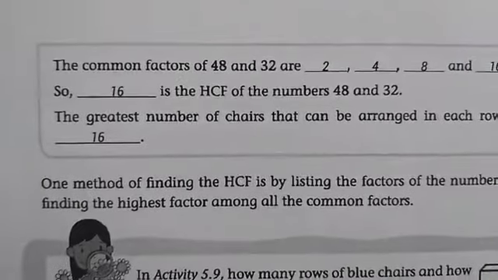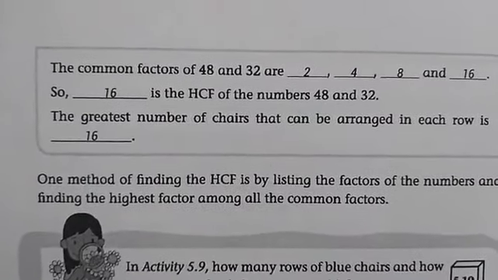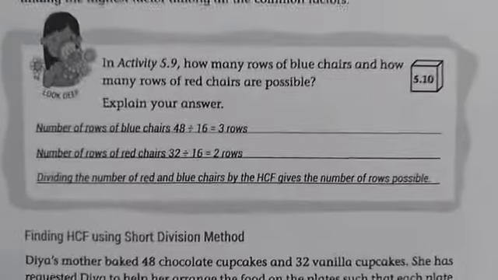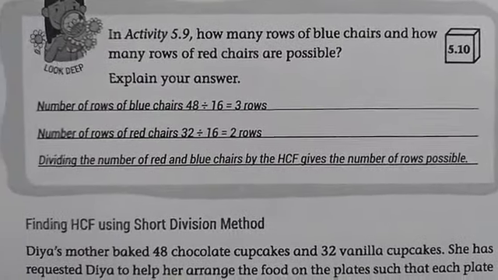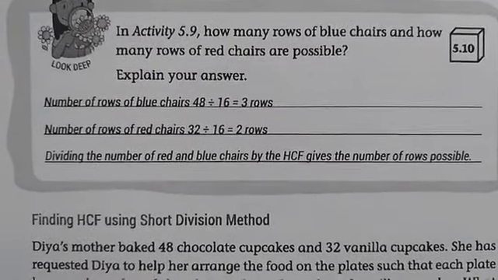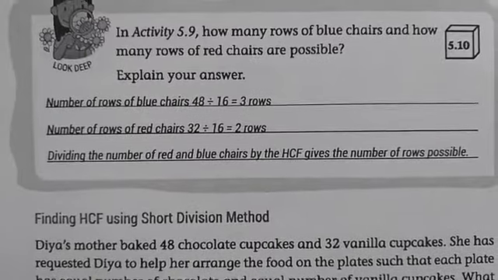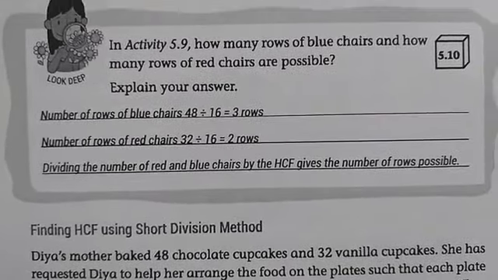So why? Because here, what is the HCF? 16. Okay. Then 48 divided by 16, 32 divided by 16. So how many rows? 3 rows for blue chairs.